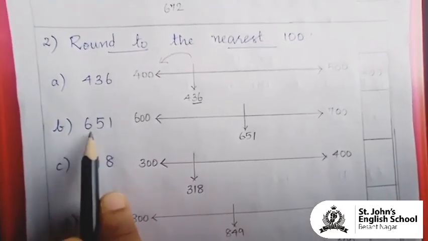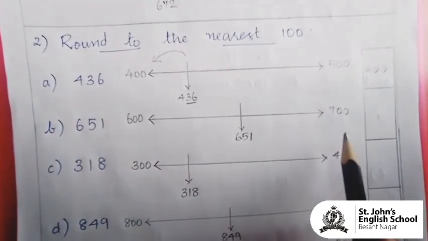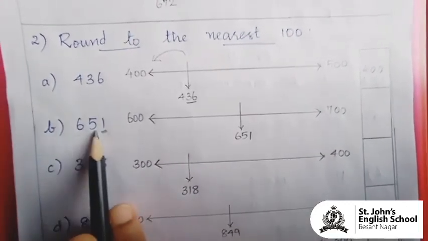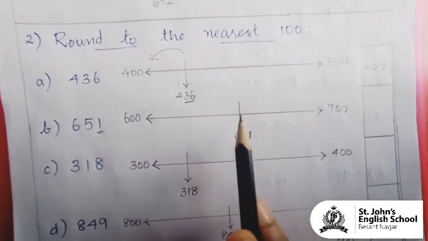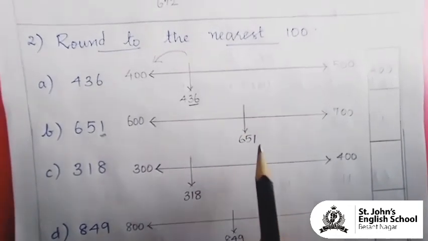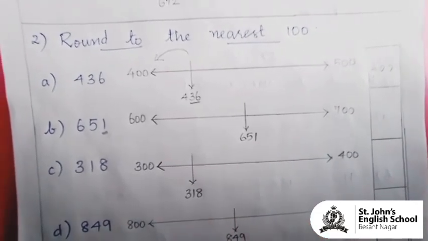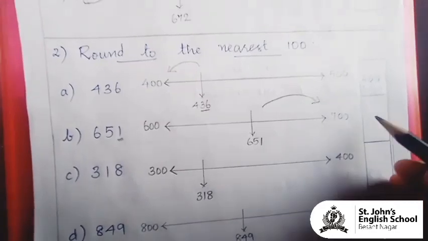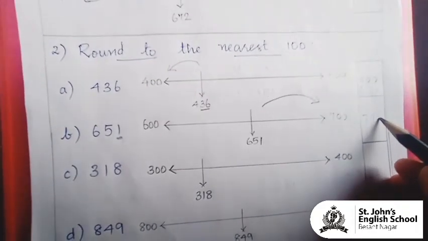The next is 651. The extremes will be 600, 700. 651. So 51 is just after 50. If it is after 50, it should go to the after number, that is 700.